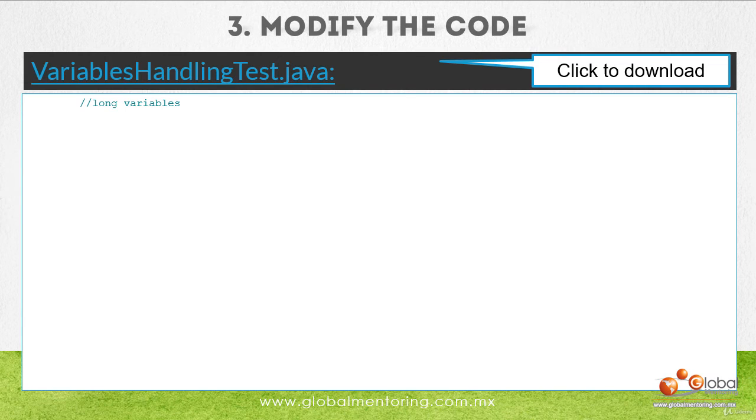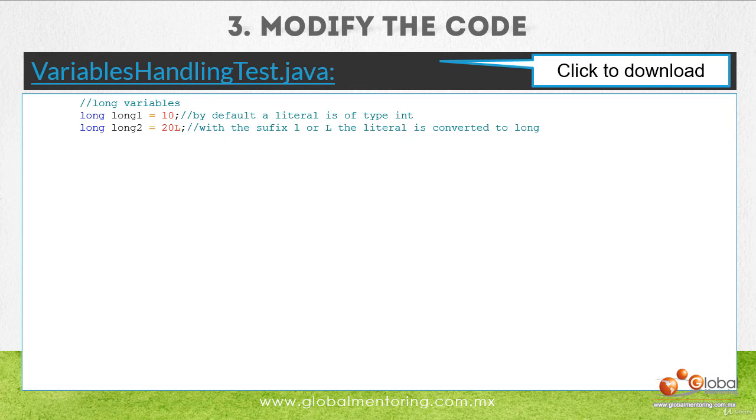Let's work with long variables. By default, any literal, for example this literal of 10, is of type int, but we can change the type of the literal, for example in this case using the L, and it converts the literal to long type. So we declare two variables. In the first case, a variable called long1 equals 10, but the value of 10 is of type int and is converted to a long type.